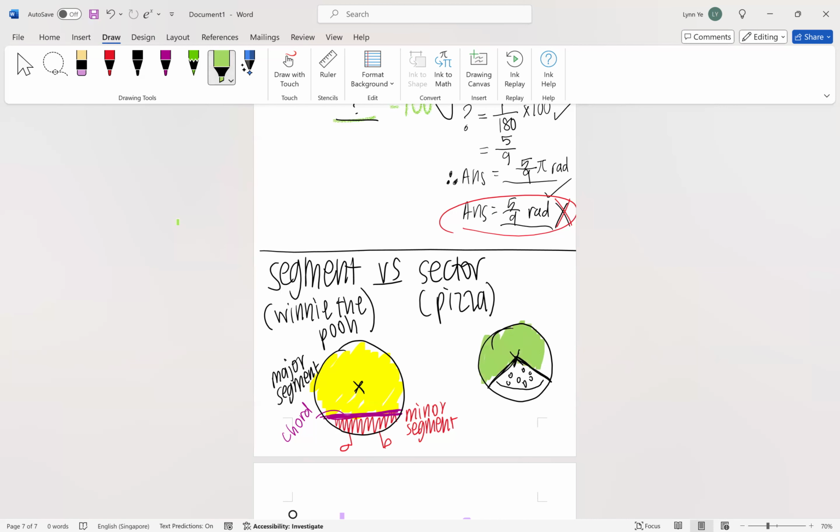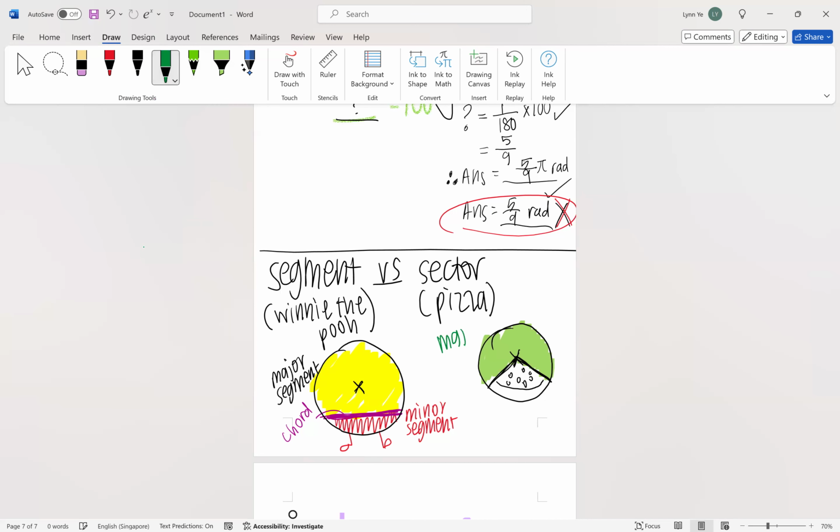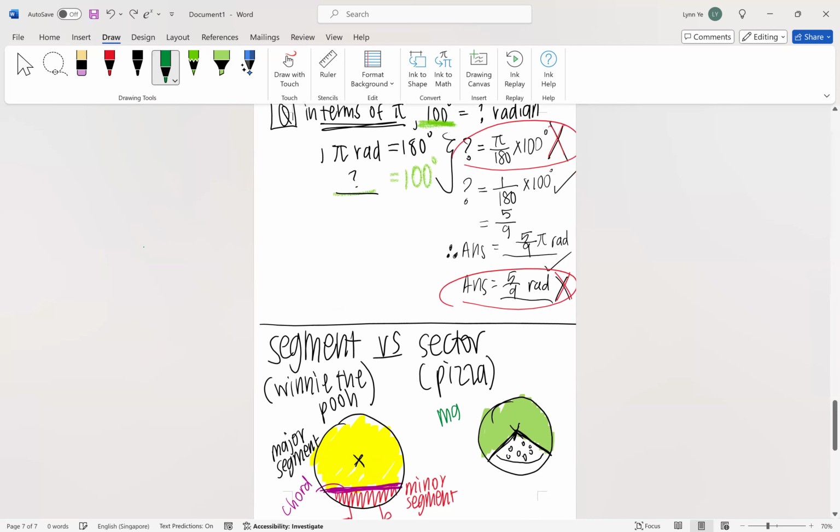So we have this green one here. So this green section is called the, by now y'all should know already, the what? Major what? Segment. Major what? Sector, yes. Okay.